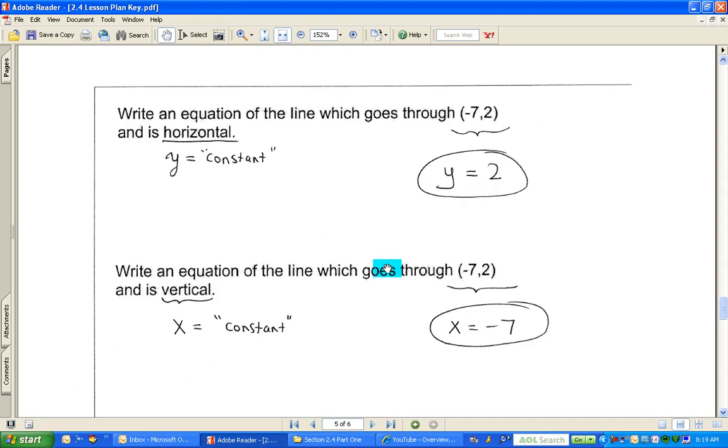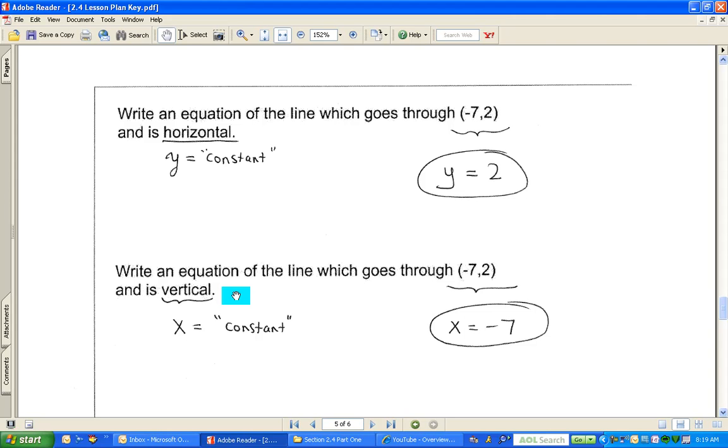Very easy. When I'm asked to find an equation of a vertical line, I'd like you to hold your arm up and down. As you move that line back and forth from left to right, notice the x value is changing. On each line, the x value stays the same.